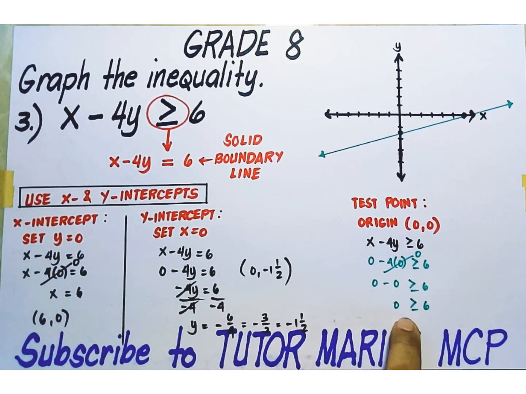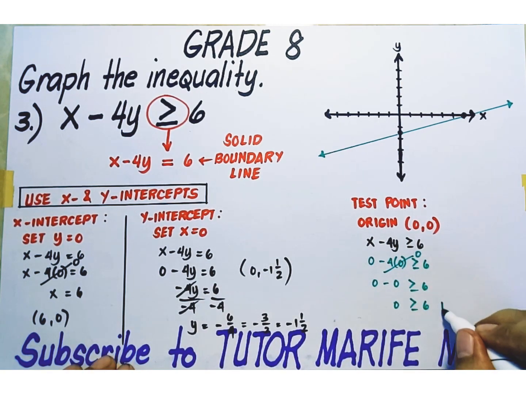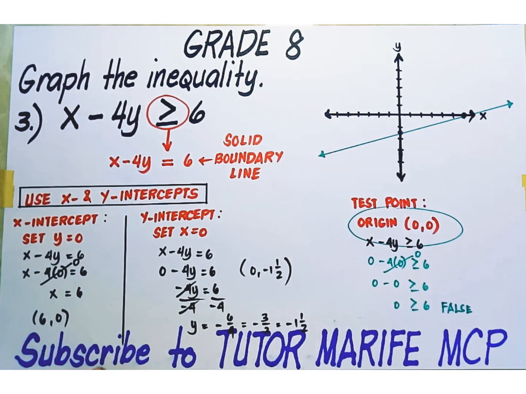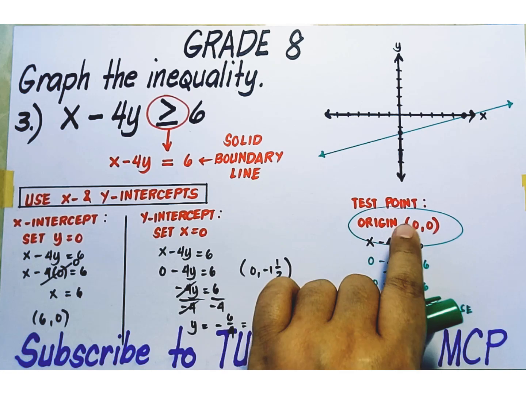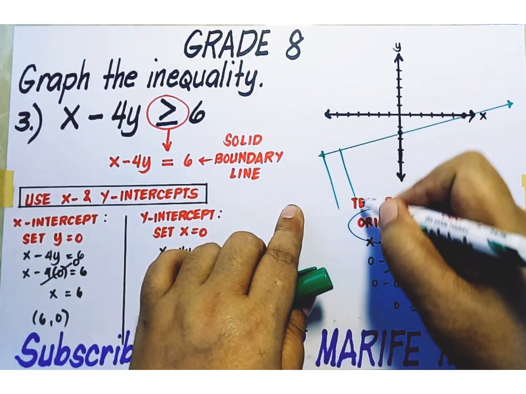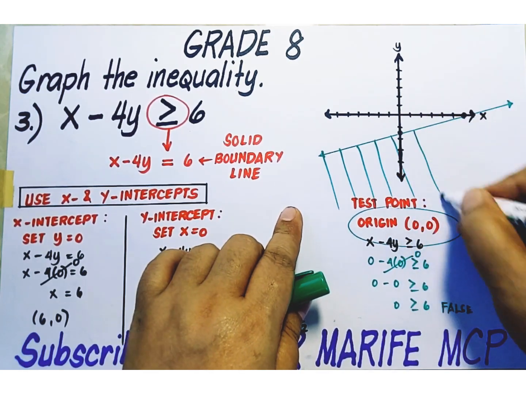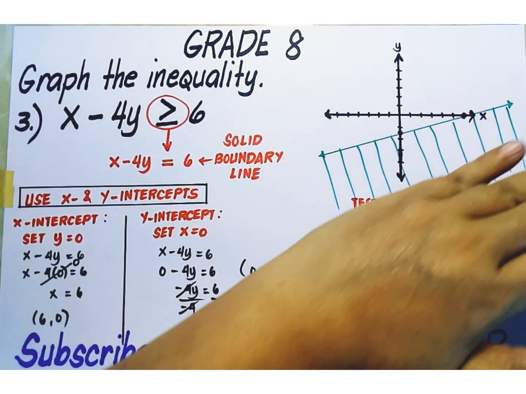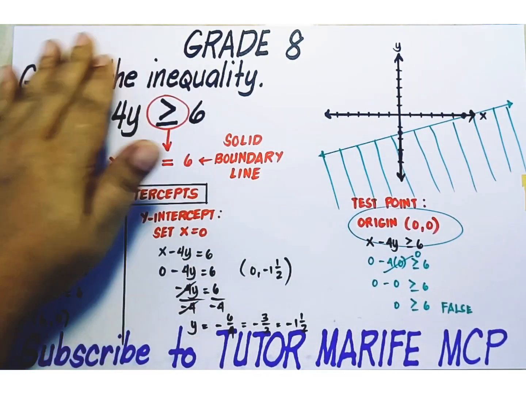Is this a true or false inequality statement? 0 greater than or equal to 6 is a false inequality statement. That means we are going to shade the region that does not contain the test point. This is the region that does not contain the origin. This is the graph of the third inequality.